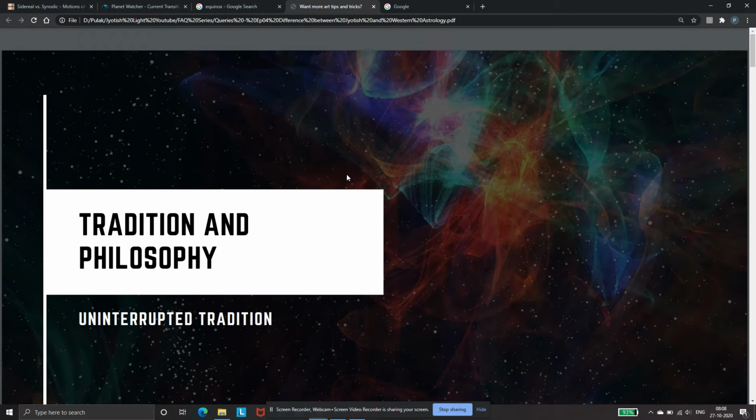And in those days, there was not too much of difference between astronomy and astrology. Both were focused on, as I said, studying the sky from the vantage point of the earth, and that was the origination as far as the Jyotish or the Vedic astrology system went.